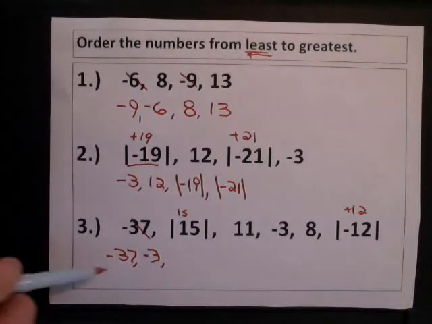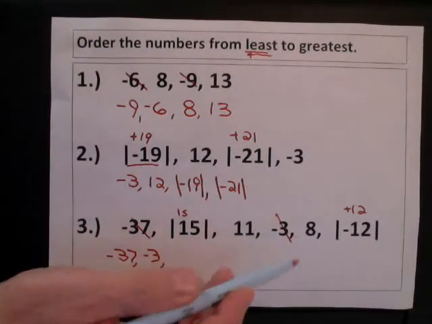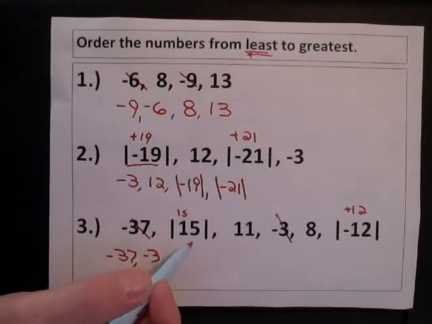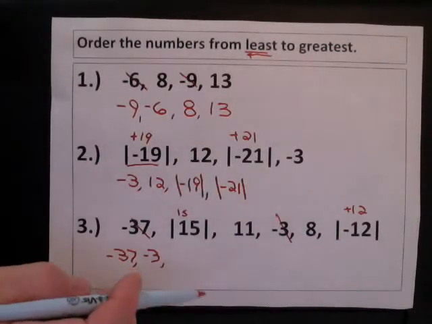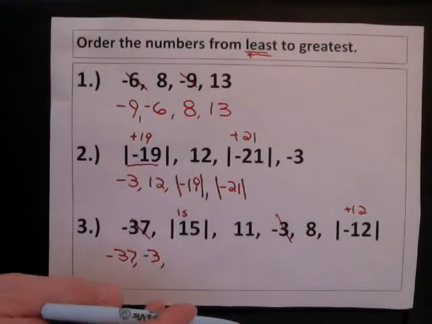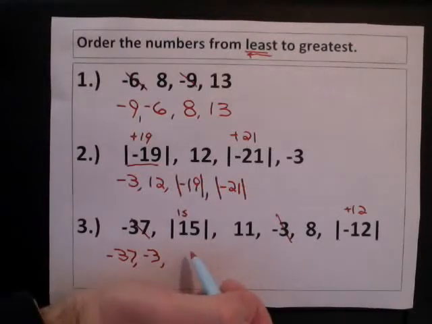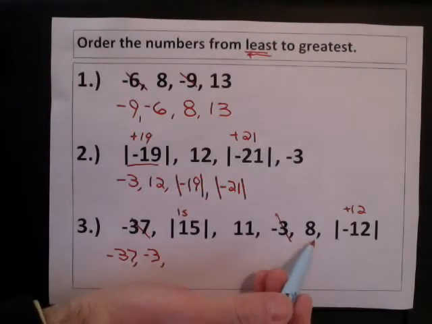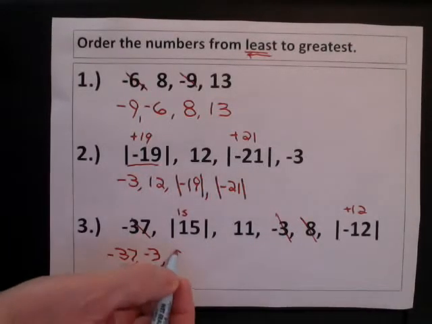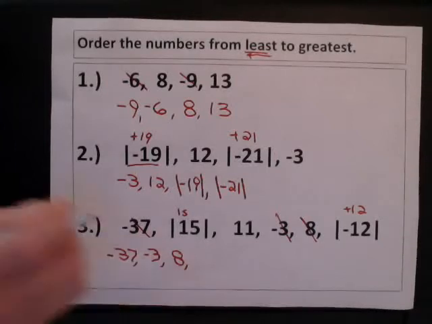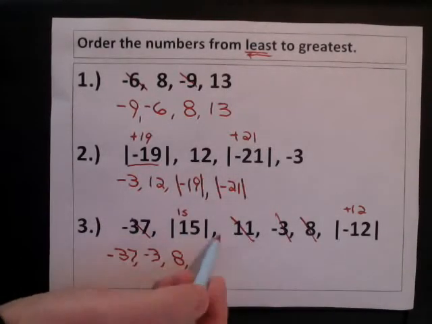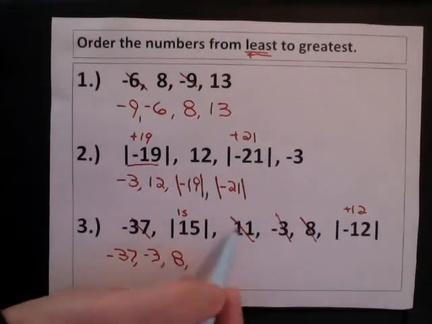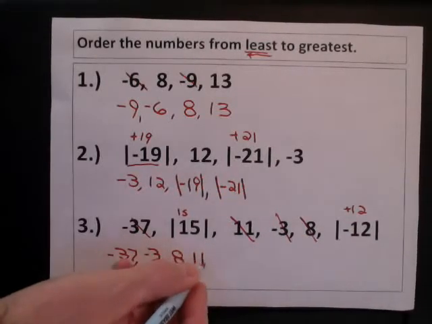And then after our negative 3 is done, we have no more negatives left, except for absolute values, but those are positive. So now we cross over into the positive numbers, and the lowest positive number we have is 8. So we have positive 8 after negative 3. And then we have 11, because even with these absolute values, 11 is lower.